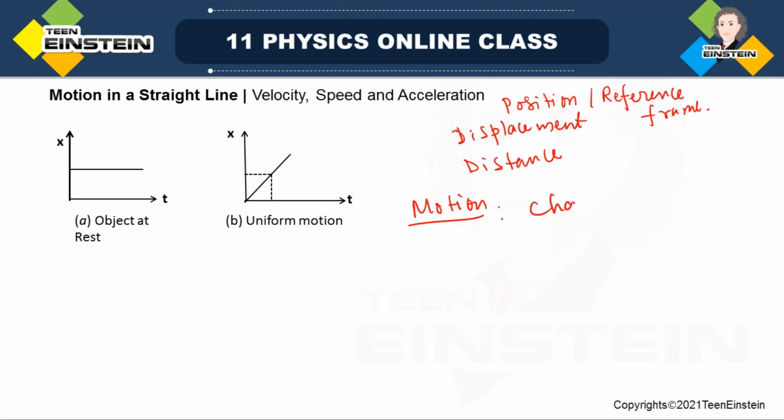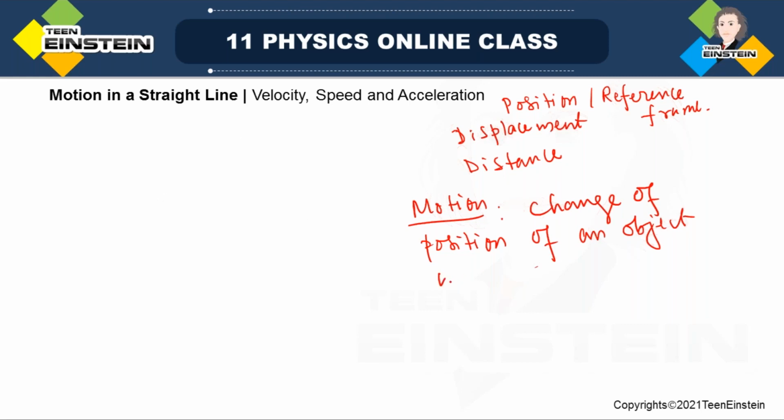The definition of motion is change of position of an object with respect to time. Okay, so that we had already learned.